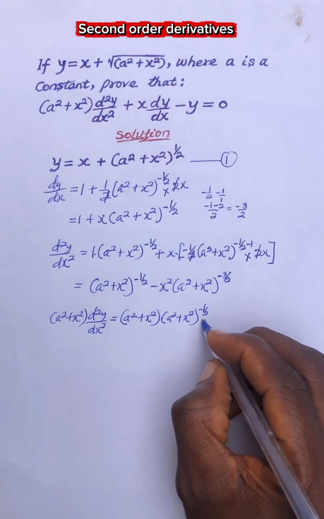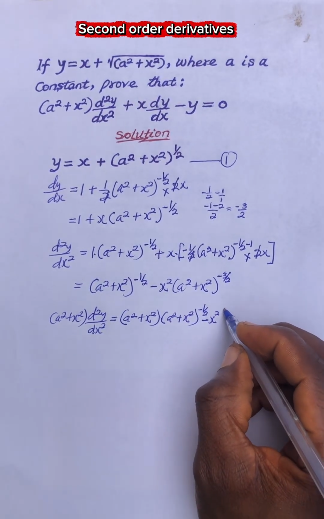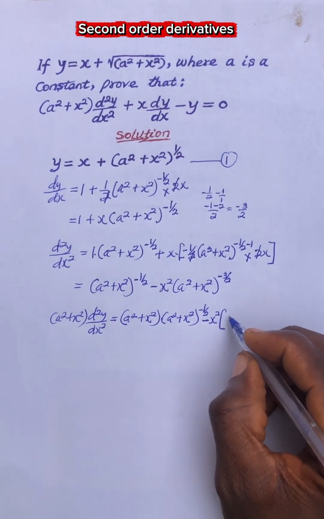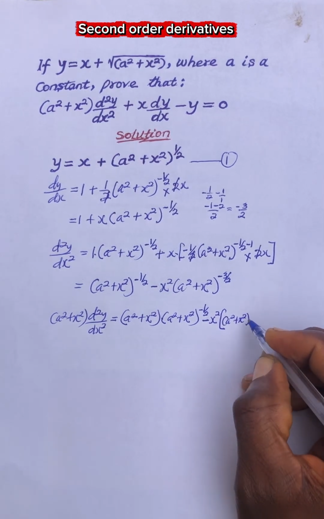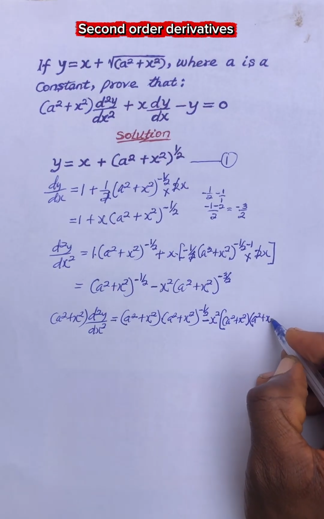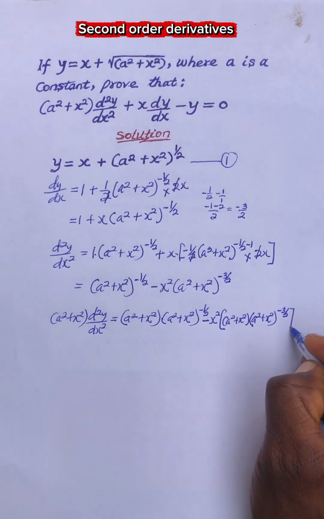Then we have minus x squared out. We now multiply the same a squared plus x squared by this. So we're going to have (a squared plus x squared) multiplying this, (a squared plus x squared) all to power minus 3 over 2.